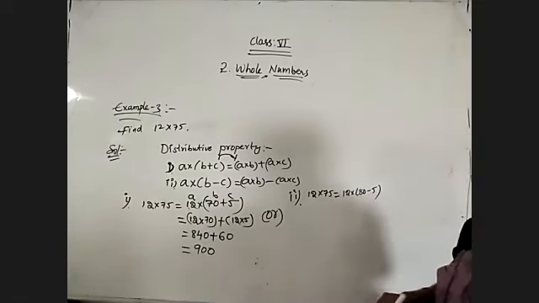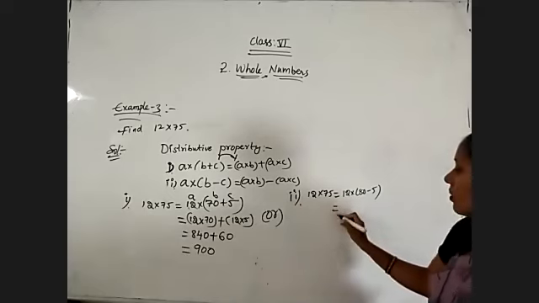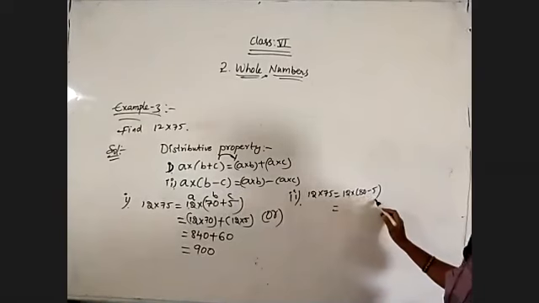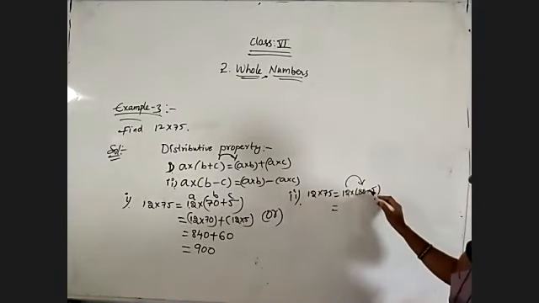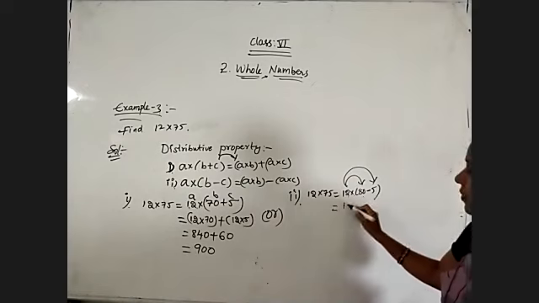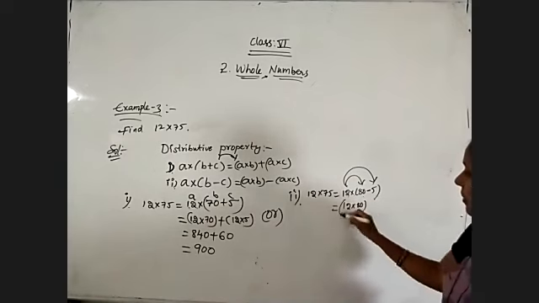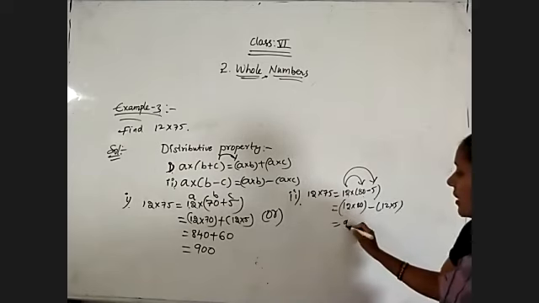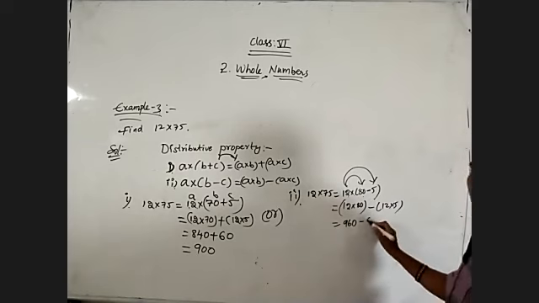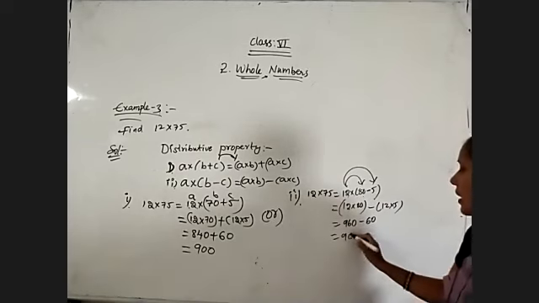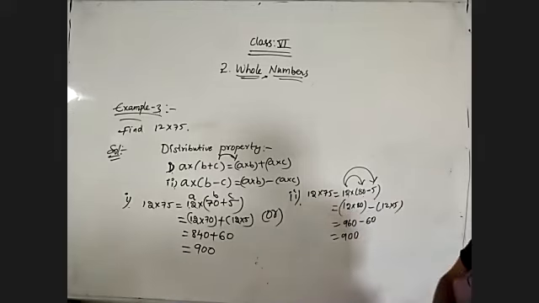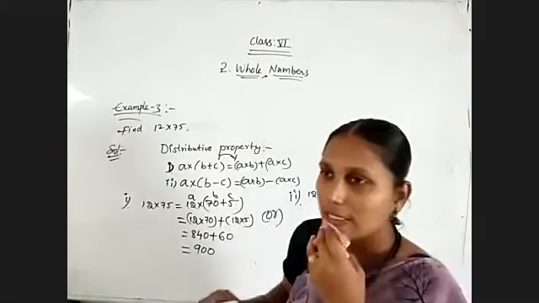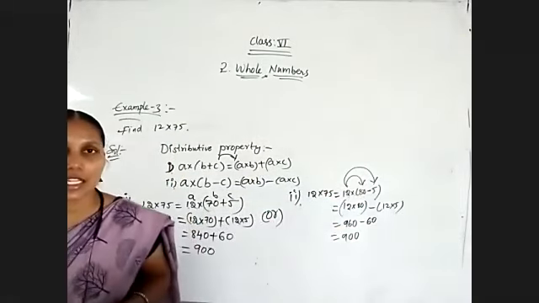Now it is in the form A into (B minus C), which is A into B minus A into C. So 12 into 80 minus 12 into 5. 12 times 8 is 96, so 960, minus 60, which is equal to 900. Like this, we can use the distributive property in different conditions. Both ways we can use. We will continue the class tomorrow.